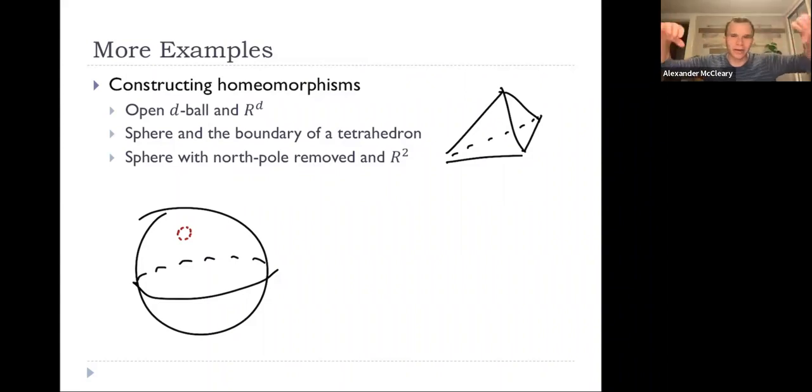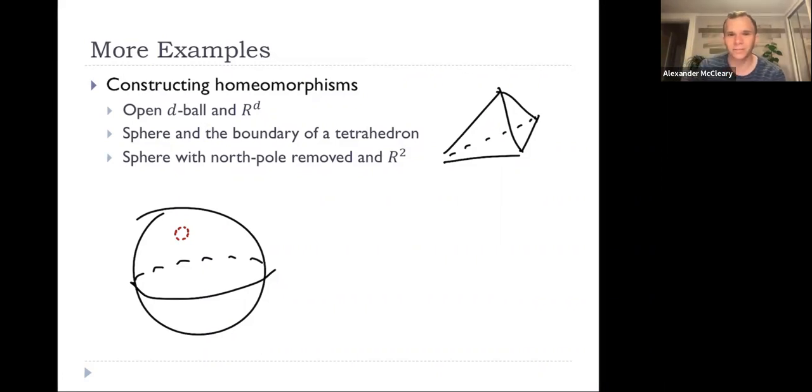You're not actually tearing anything since it was already torn when you got there. It was already popped, and you're just pulling that apart and flattening it out. And what you get is actually a plane. So this punctured sphere here is actually homeomorphic to the two-dimensional Euclidean plane.